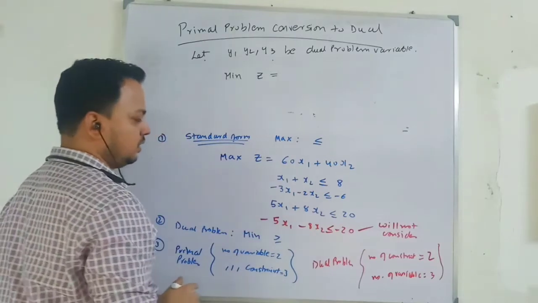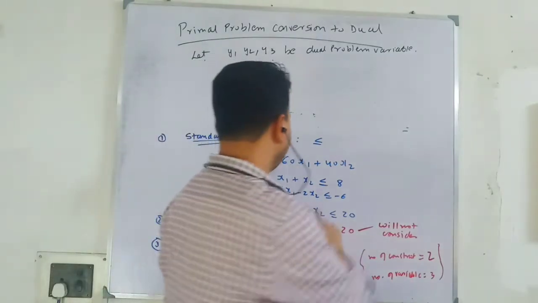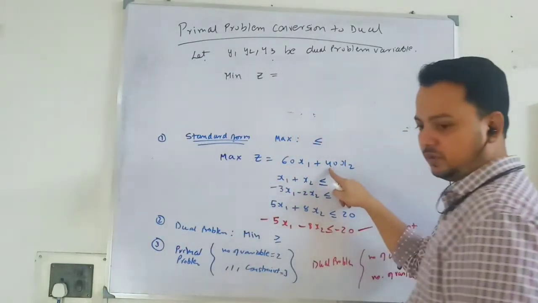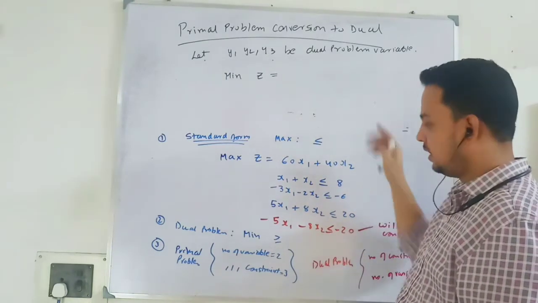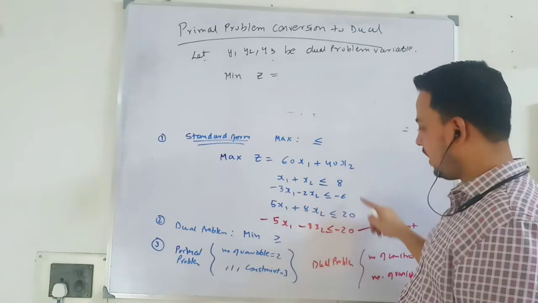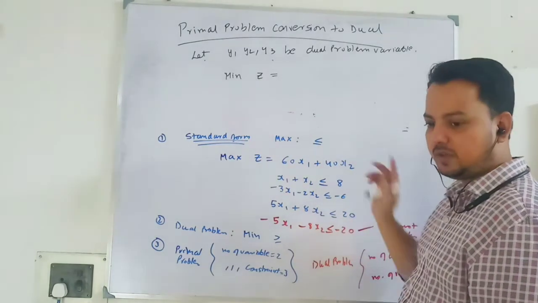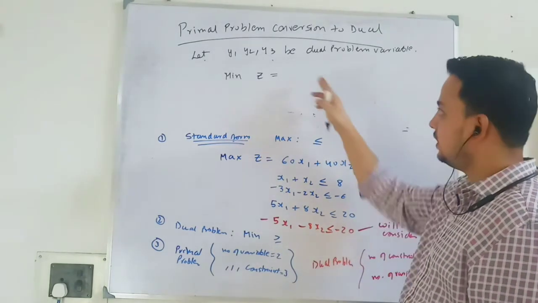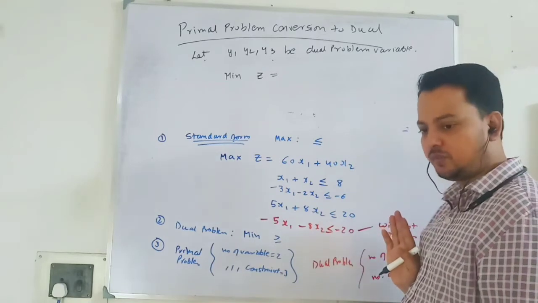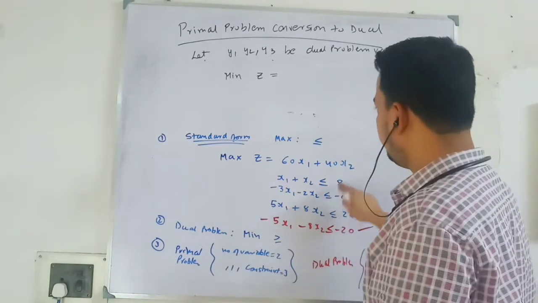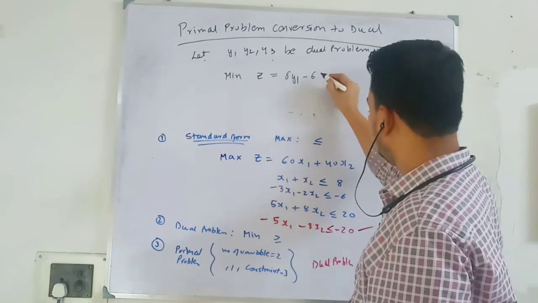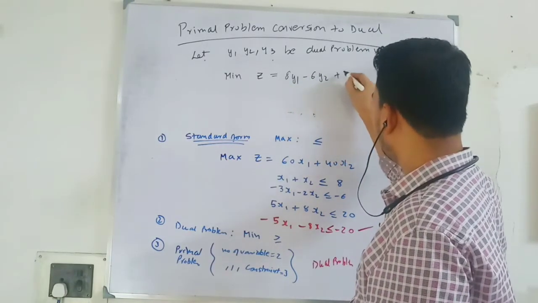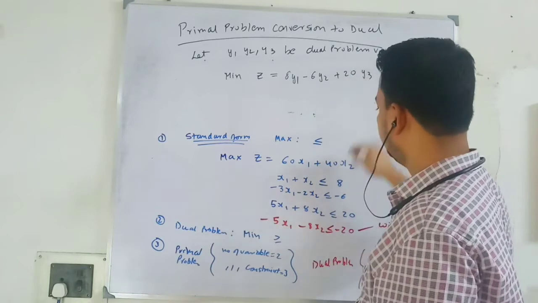Okay. So what I have said, the cost coefficient comes to the right hand side of the constant in the dual problem, and here in the primal problem, whatever I have in the right hand side will become a coefficient in the objective function. Cost coefficient in the objective function. So it will be 8y1 minus 6y2 plus 20y3.